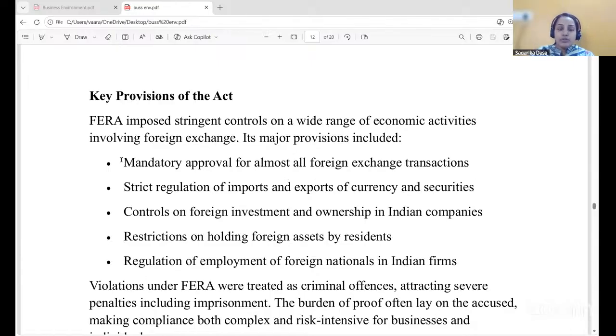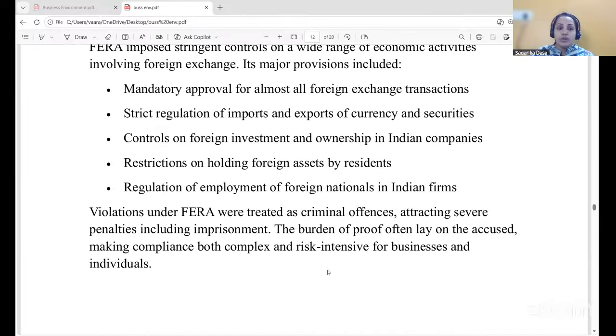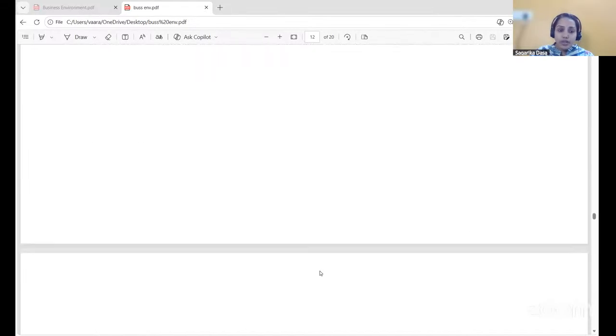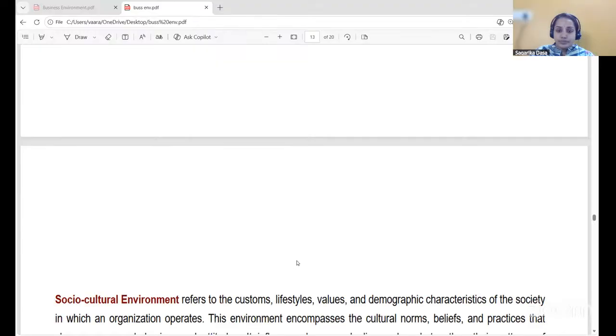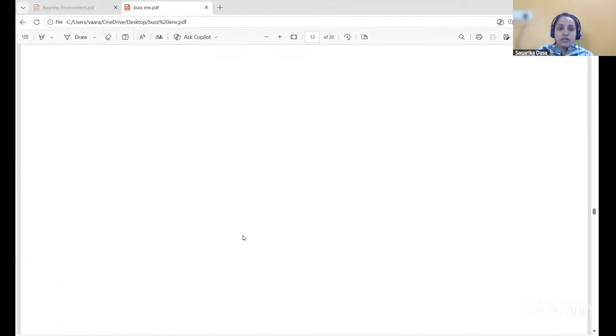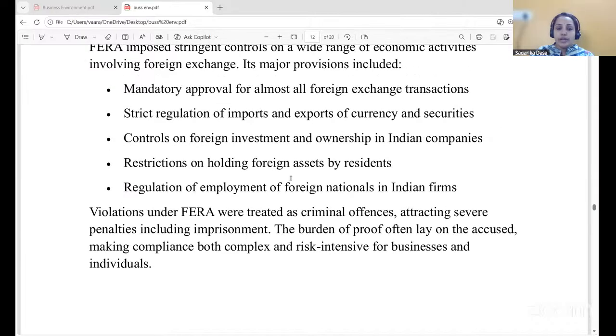These are some of the provisions, these are some of the activities because of which the Act came into existence. So this is about the FERA Act.